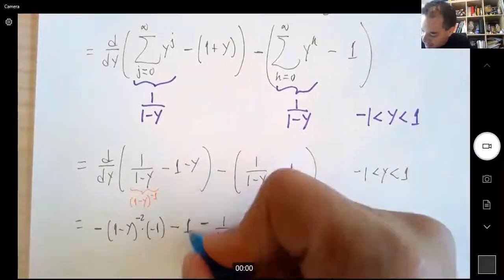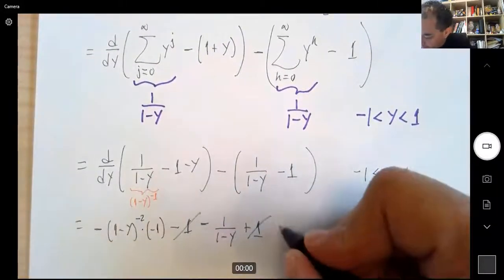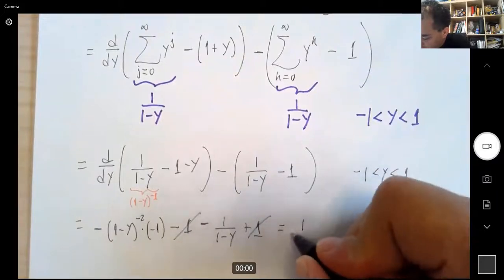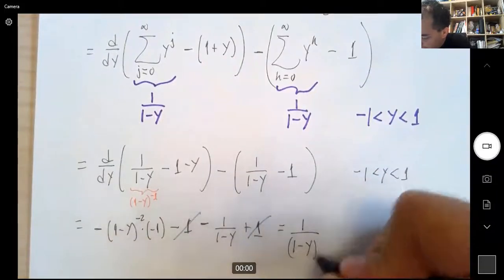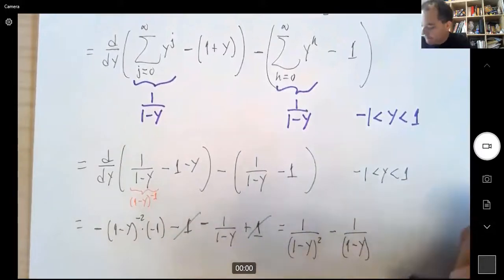All right, so this goes away. And this minus times minus becomes a plus. So it's 1 over 1 minus y squared minus 1 over 1 minus y.